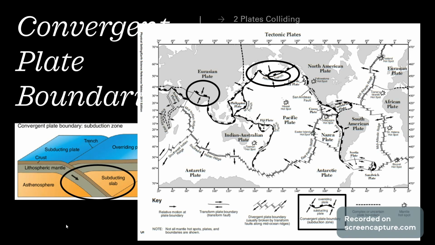Now, you can have places on this map that are convergent without having this word trench, like here where India meets Asia. So India, a subcontinent, is slamming into the Eurasian plate.